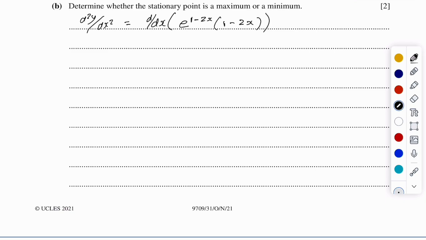Okay, if we apply our product rule here, we're just going to get d over dx of e to the 1 minus 2x times 1 minus 2x, plus e to the 1 minus 2x times d dx of 1 minus 2x. Okay.